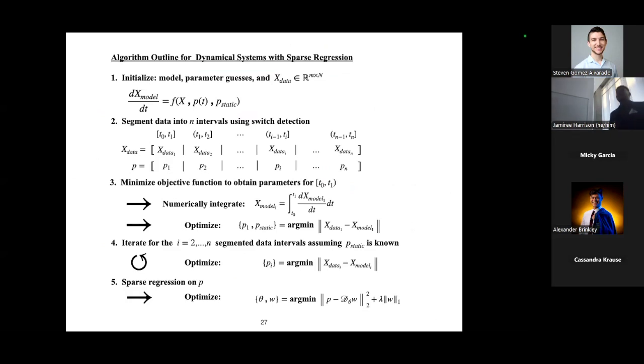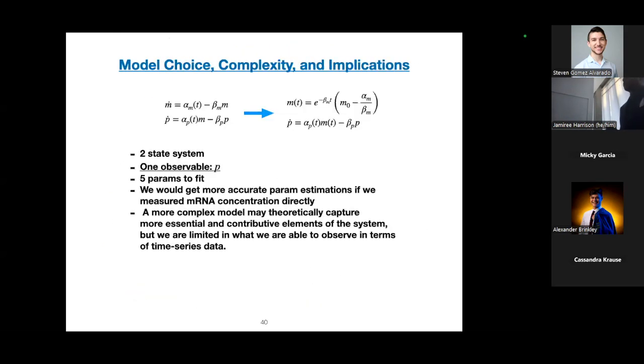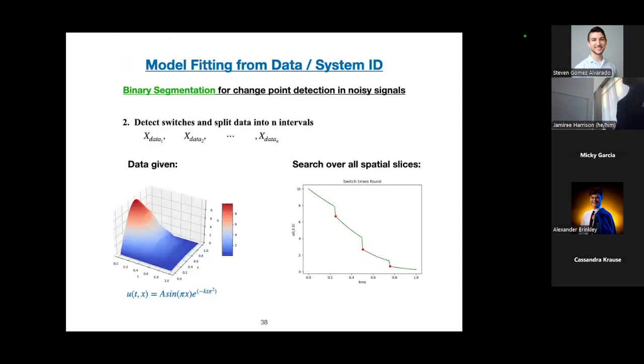Oh, good question. Pal brings up a good point that we're amalgamating several problems at once, because switch detection itself is its own can of worms. So this substep right here, part two, I have a backup slide for this one. Right here, we use binary segmentation, which is one of several switch detection algorithms that exist.